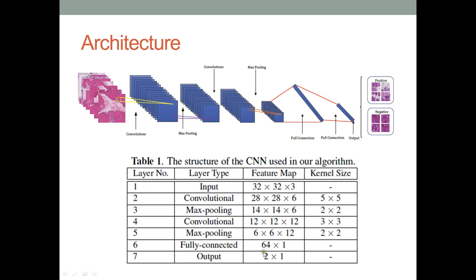This is followed by a fully connected layer of 64, which flattens the output so that we can use it for the final analysis to form a single feature vector of 64 dimensions. Finally, we have an output layer, a softmax layer or normalized exponential function, that gives the probability of each patch being positive or negative. So this is my overall architecture.